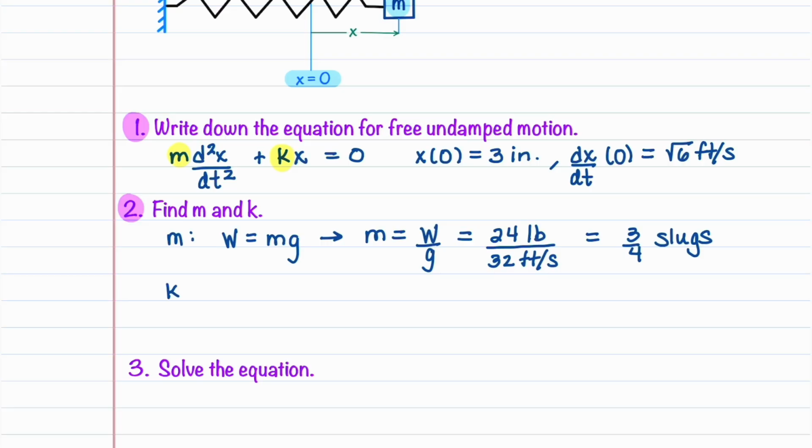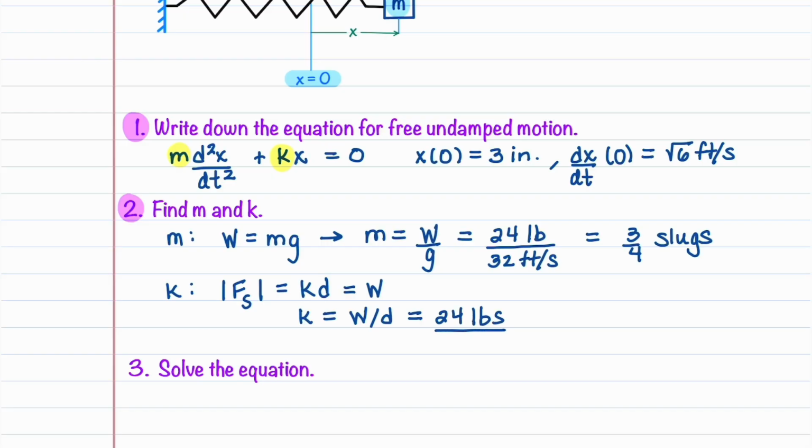Now let's find k. K is the spring constant, and Hooke's law tells us that the absolute value of the force is equal to k times d, and that is equal to the weight of the mass. Solving for k, we get that it is equal to w divided by d. Our weight is 24 pounds.